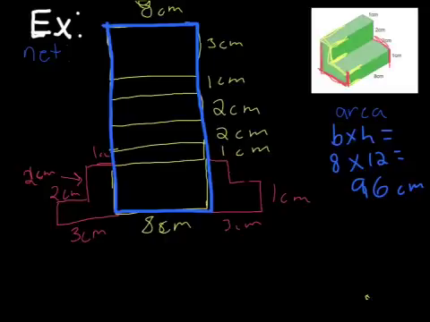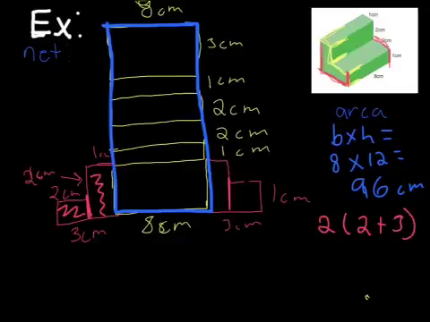So I'm going to have to add on the area of these 2 red L's. So if I want to, I could break this up into more rectangles just so I can find the area. So since there's 2 of them, I only have to find the area of 1. So we're going to go 2 times the area of this square here, which is 2 centimeters by 1 centimeter, so 2 times 1 is 2, plus the area of this long rectangle here, which is 3 centimeters by 1 centimeter, so plus 3.